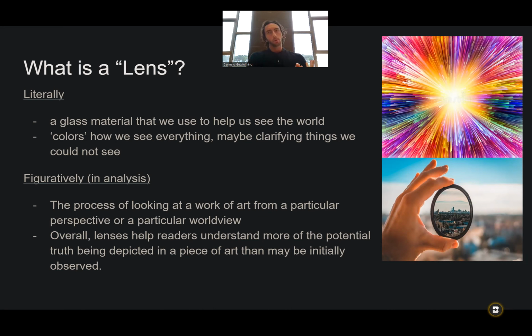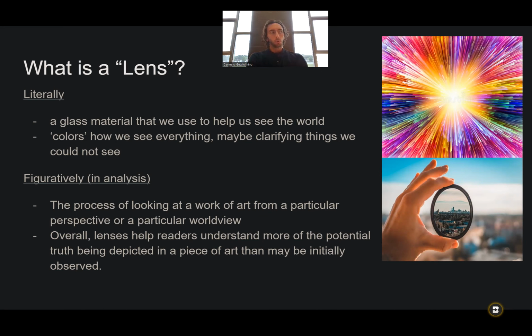As a result of that, we are able to understand the work in a different way or in a much deeper way, and therefore grasp more meaning from it. Overall, as it says here, lenses help readers understand more of the potential truth being depicted in a piece of art than may be initially observed.